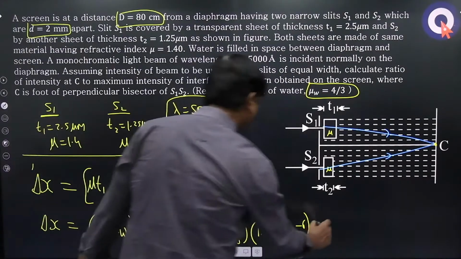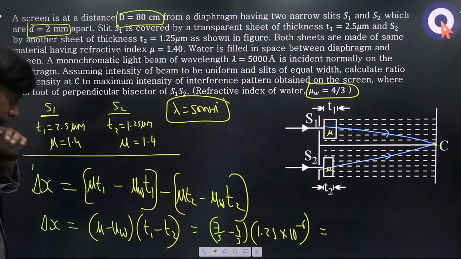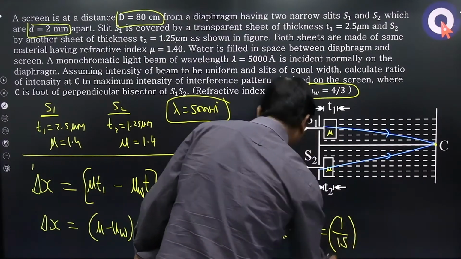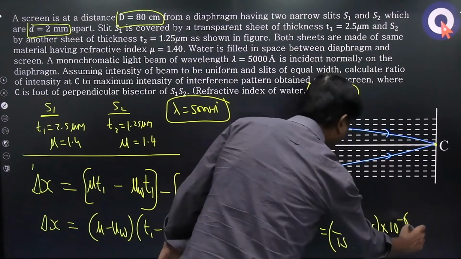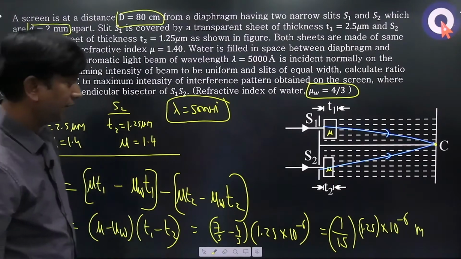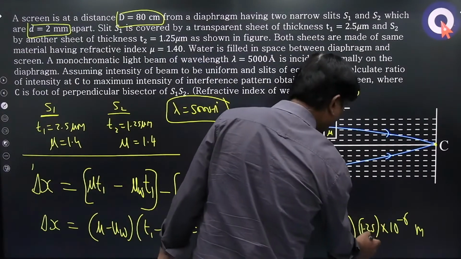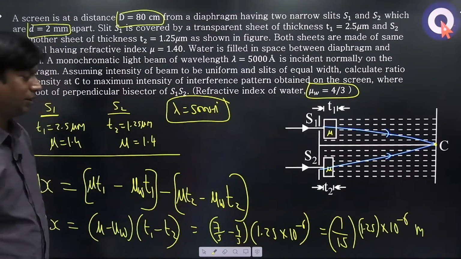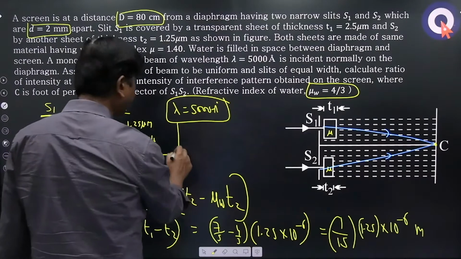So we'll get this answer as 7 by 5 minus 4 by 3, which is 1 by 15, into 1.25 times 10 power minus 6. This is so many meters. That is a path difference, right? Any other simplification? I think this will be 5 by 4, so 1 by 12. So delta x you got. Okay.